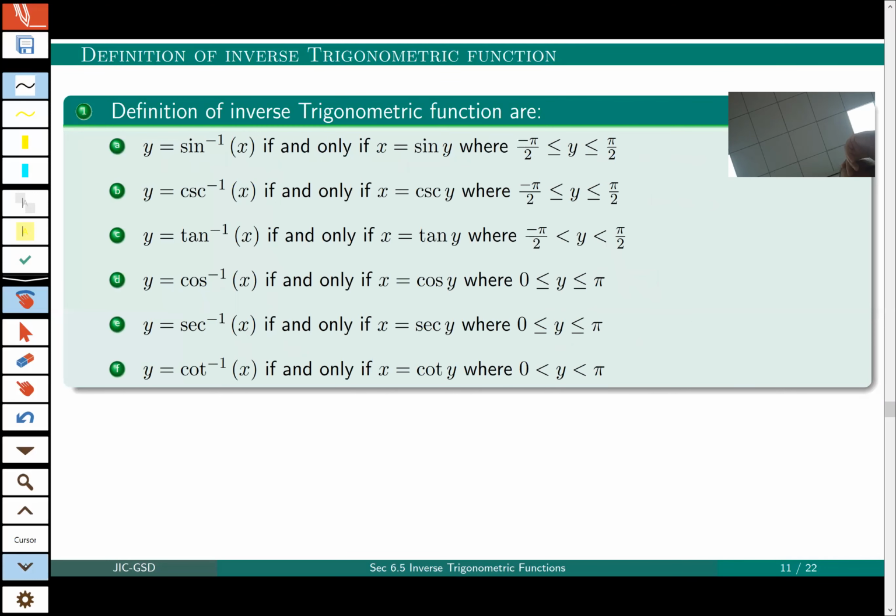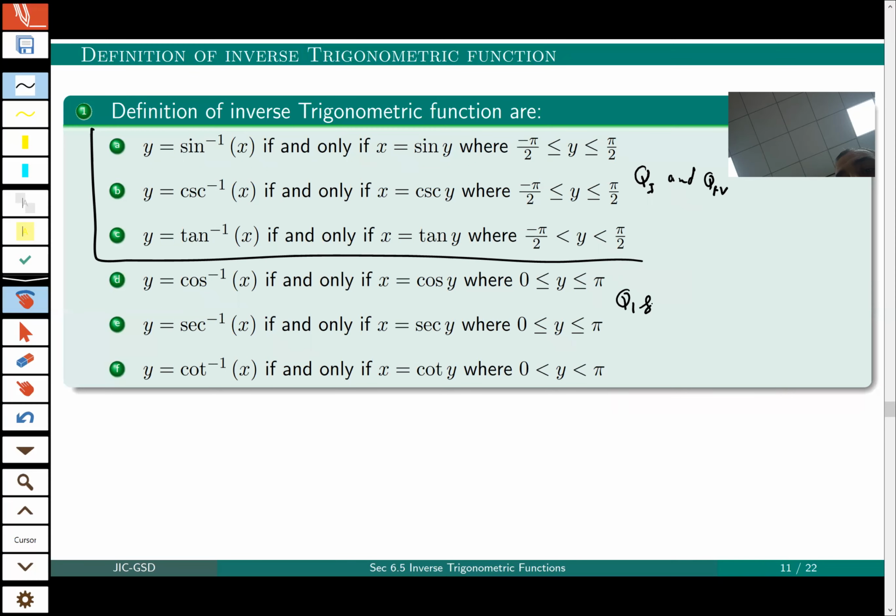Now, going to the definition of the inverse, we have two types of functions. One of them is defined between minus pi over 2 and pi over 2, which is basically quadrant number 1 and quadrant number 4. And here it's quadrant 1 and quadrant number 2.